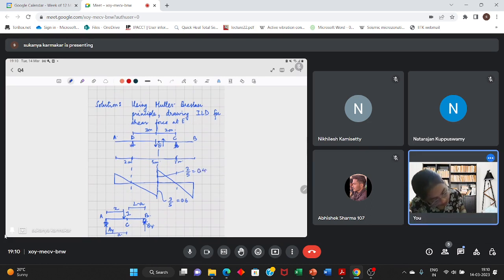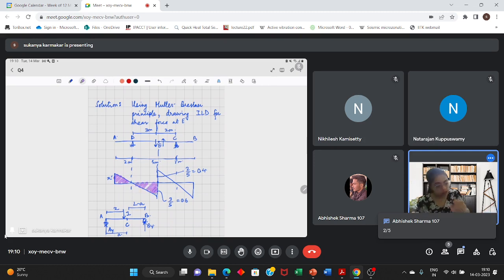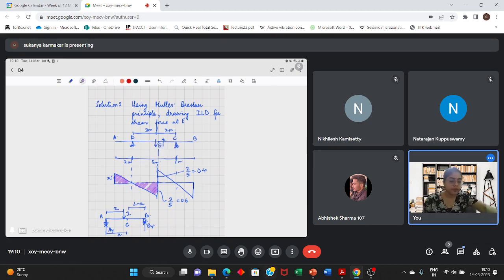How much is this? Can someone calculate this? Let me call this X dash. You can simply use similarity of triangles. This triangle is similar to this triangle. Since this portion is a straight line, how much will that be? Yes, true.